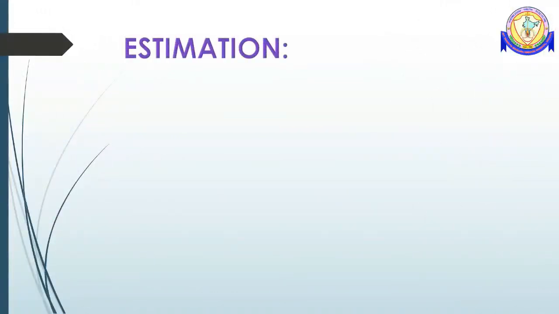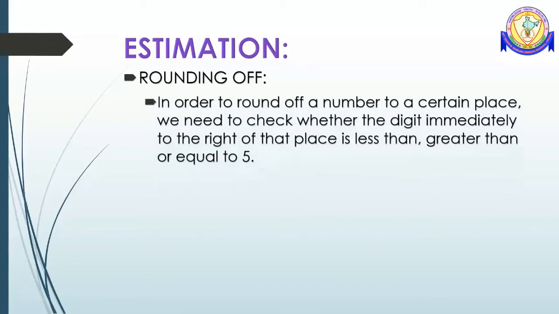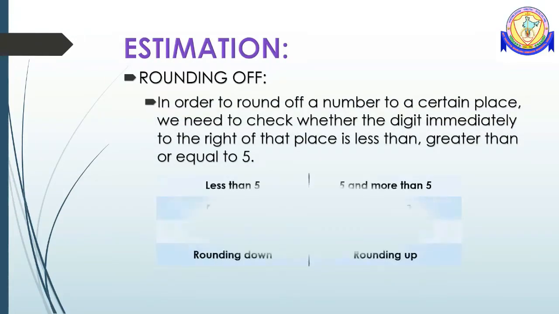Here comes one more concept, estimation. Here what you have to do is you have to take the approximate value. To check the approximate value, you have to first check the rightmost digit of that number. For example, if they have given like rounding off to the nearest 10, then you have to check the digit which is in the units place.